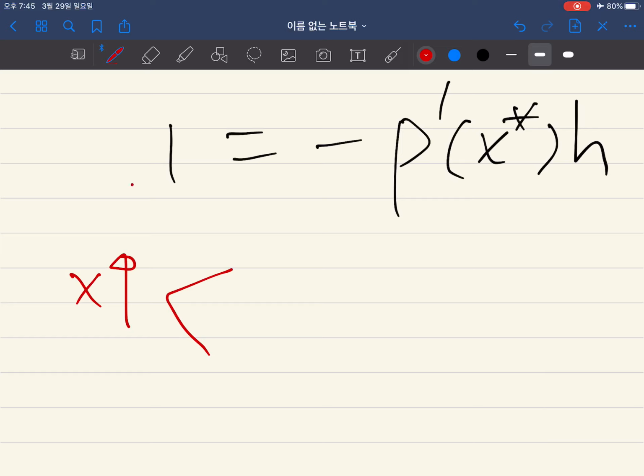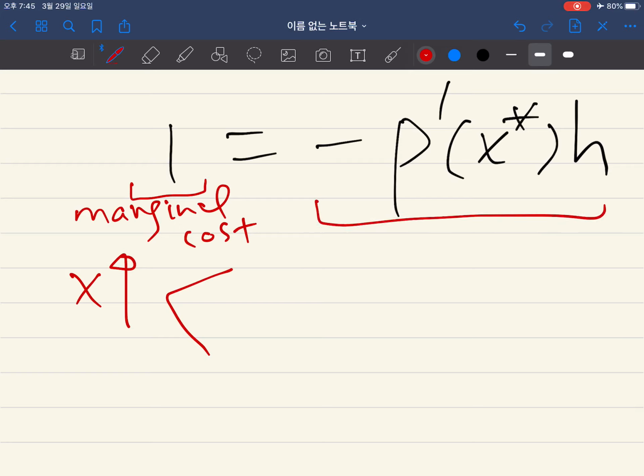So this left hand side, number 1, represents that part. You increase X by 1, so additional care gives you additional cost of $1. So this is marginal cost from increasing X by 1. Then this right hand side must be marginal benefit from increasing X by an additional unit.